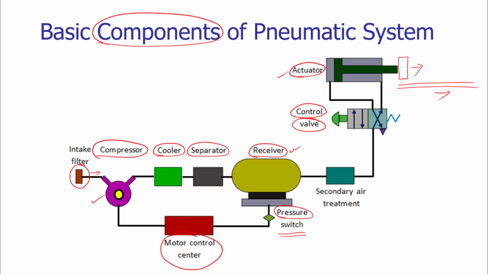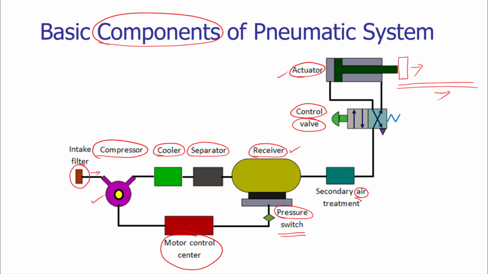The compressed air is operating a variety of mechanical elements. So these mechanical elements are to be treated. The mechanical elements are working at a very high speed, and there may be friction of the various sliding elements of these devices. So to lubricate or to reduce the friction between the sliding elements of the mechanical devices, we need to treat the air.